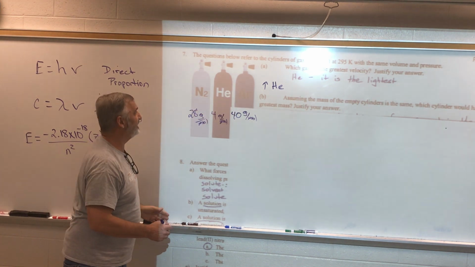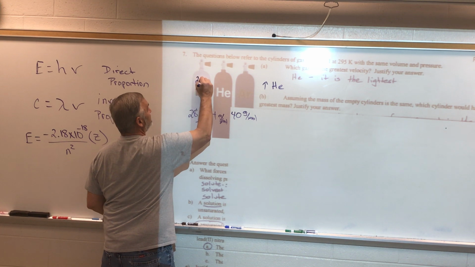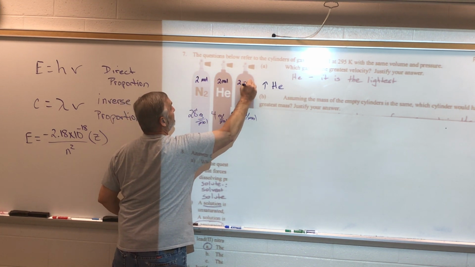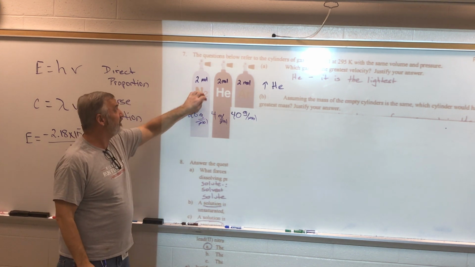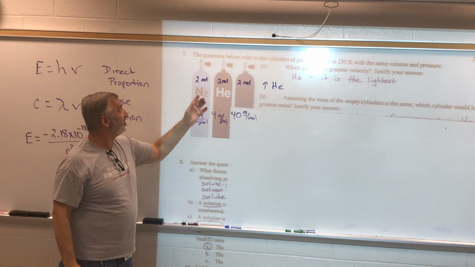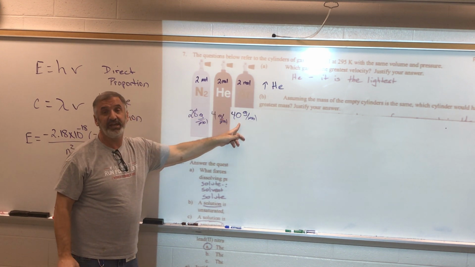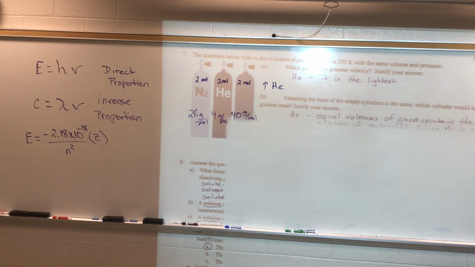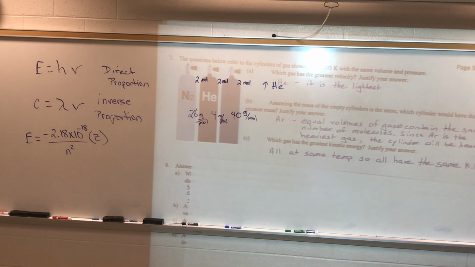Let's just say there are 2 moles in here, and 2 moles in here. However many moles are in this one, they're all going to be the same. Same container. Therefore, if they have the same net amount, obviously the heavier one's going to weigh the most. Now, here's the trick question.